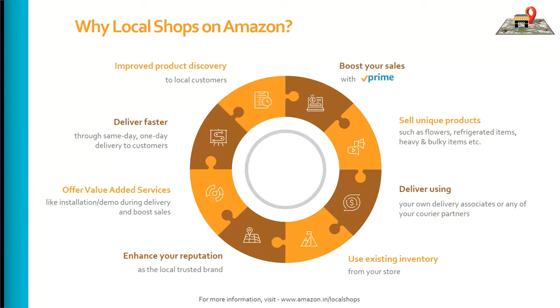While being on local shops, you can sell unique products such as flowers, refrigerated items, and heavy and bulky products, and you can do all this by yourself. You can deliver products by yourself. For example, if you have your own delivery fleet, or a team of delivery agents who can deliver products in and around the area, you can do so by being on this platform, local shops on Amazon. You can also use existing inventory from your store.